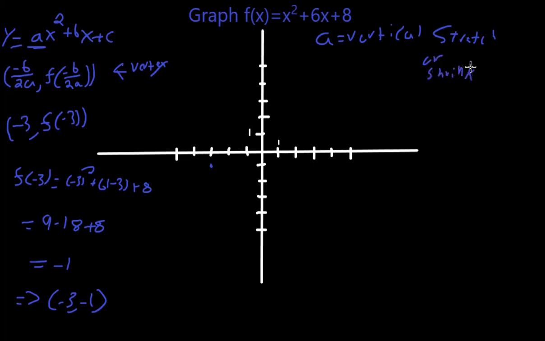So that's very helpful because it tells us how this changes when we move over. So this means that when I move over 1 from the vertex, I go up 1, because in this case our vertical stretch or shrink has a equals 1, so there is no stretch or shrink.